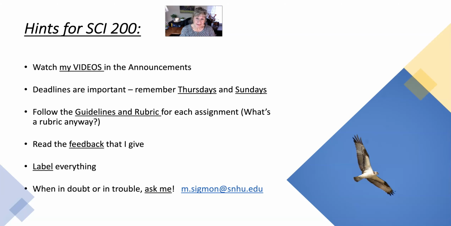Label everything, right? Label it with the course name. This kind of automatically does this in Sumo, but just in case you turn in something that isn't labeled, your name, my name, the course, the date, and what this assignment is, right? So label everything that you need to label.